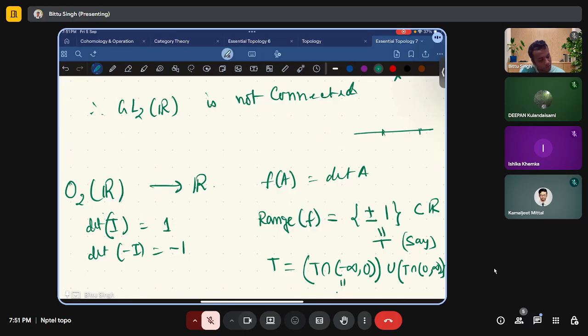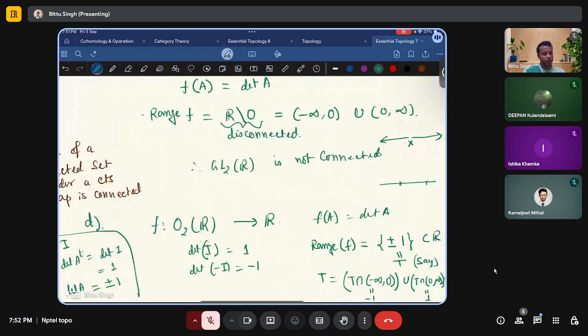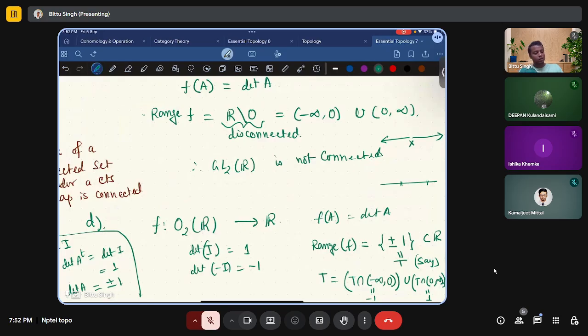This is nothing but minus 1, and this is actually plus 1. So T can be written as a disjoint union of two open sets. In the subspace T, this is open, and this is also open. Therefore, T can be written as a disjoint union of two open sets.